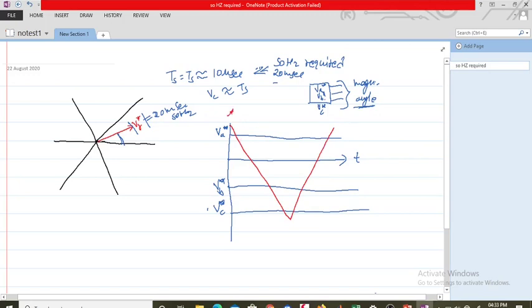If I say this is the sampling time here, then to generate the switching signals, let's say this is V_A star for the phase A value.